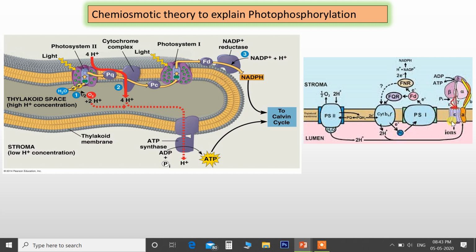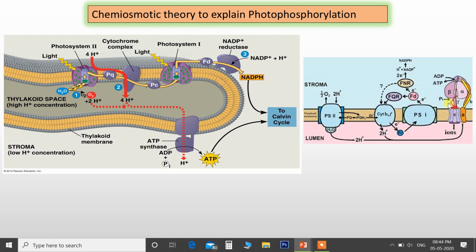This portion traversing the membrane is the transmembrane proton channel, known as the CF0 portion of this particle. CF0 acts as the proton channel, a transmembrane proton channel through which protons can move out towards the stroma.